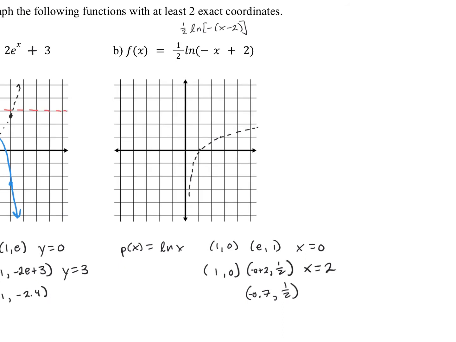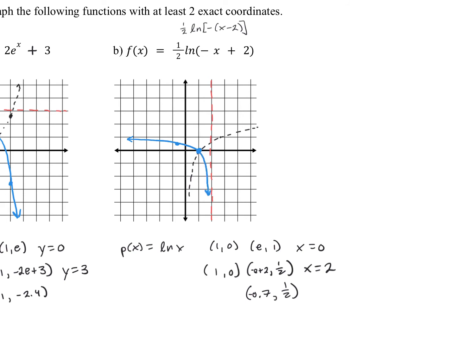Okay, so now let's plot what we have. So our vertical asymptote is at x equals 2, and then we have, again, the coordinates (1, 0), like this, and (negative 0.7, 1/2). So right around here, you kind of just have to estimate. And then our graph looks like this.